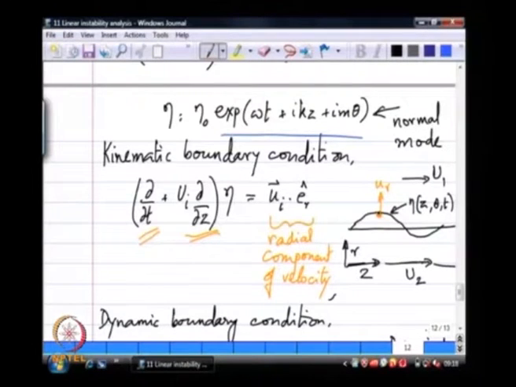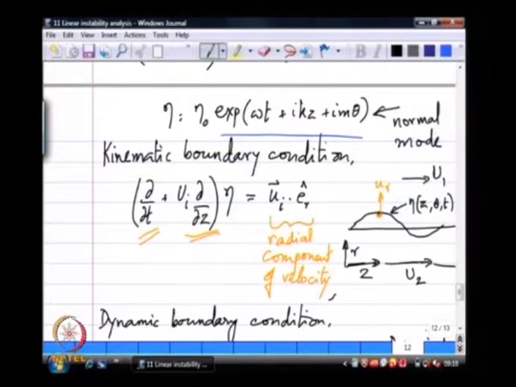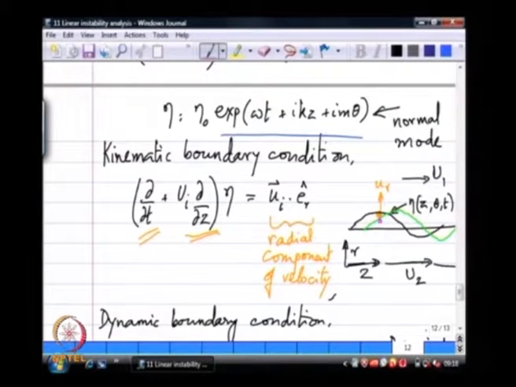If I take a sinusoidal form and some time later it is at this location, the same material point which was there is now here.